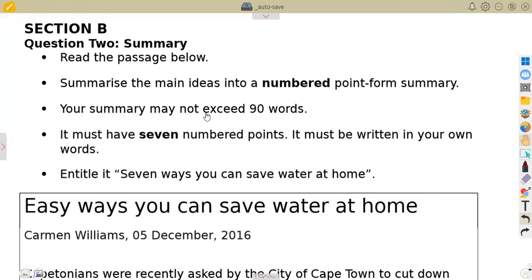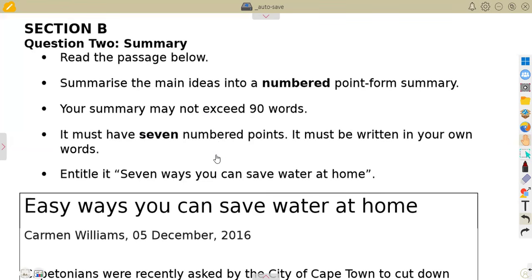So it means it can be in a range of 89, but not more than 90 words. And then the other aspect that we need to consider is that it must have 7 numbered points. That is very important. Please take it into consideration.